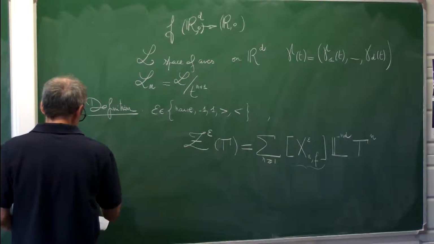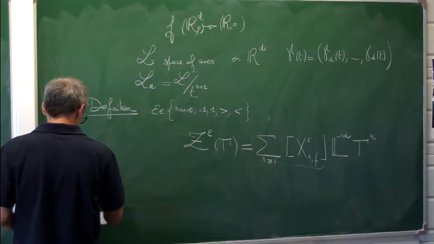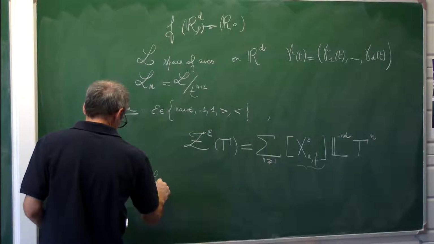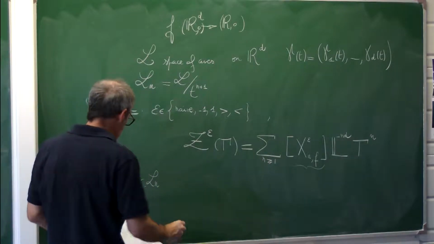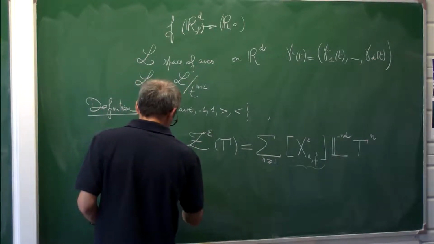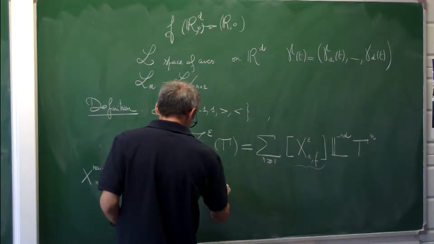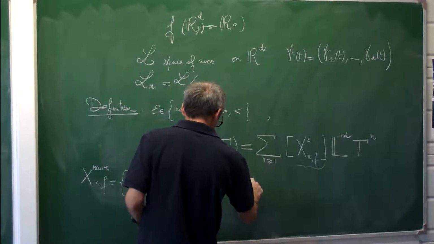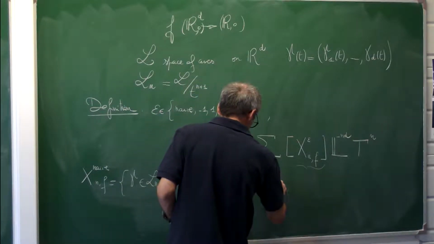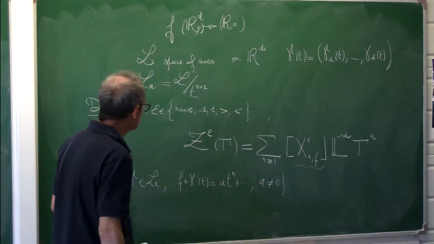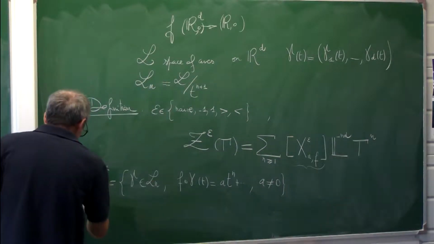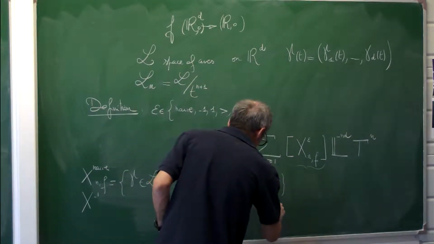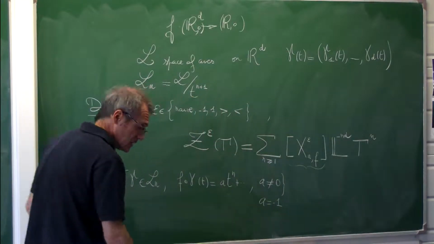What is X naive? This is a set of polynomial arcs with degree at most n, such that by composition with F, I get a leading coefficient which is not 0. This is the first possibility when epsilon is naive. In case epsilon is -1, the same definition, but A is -1, and so on.